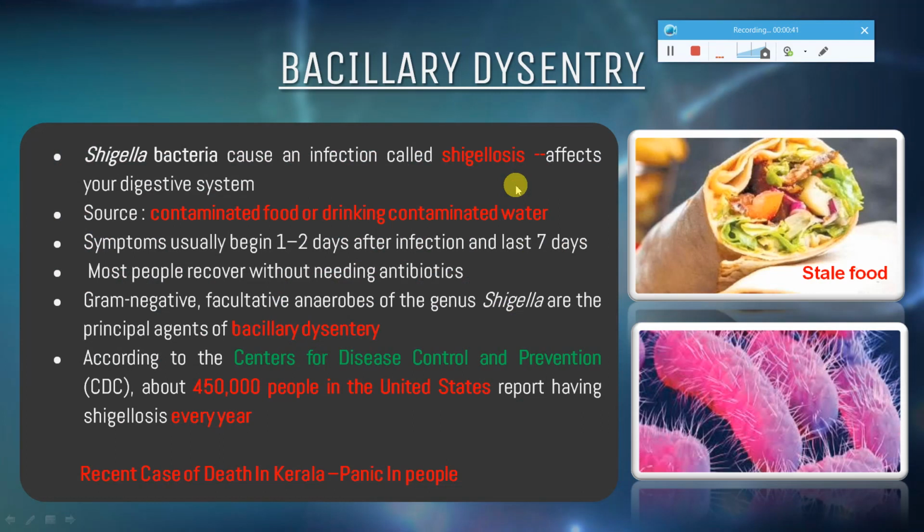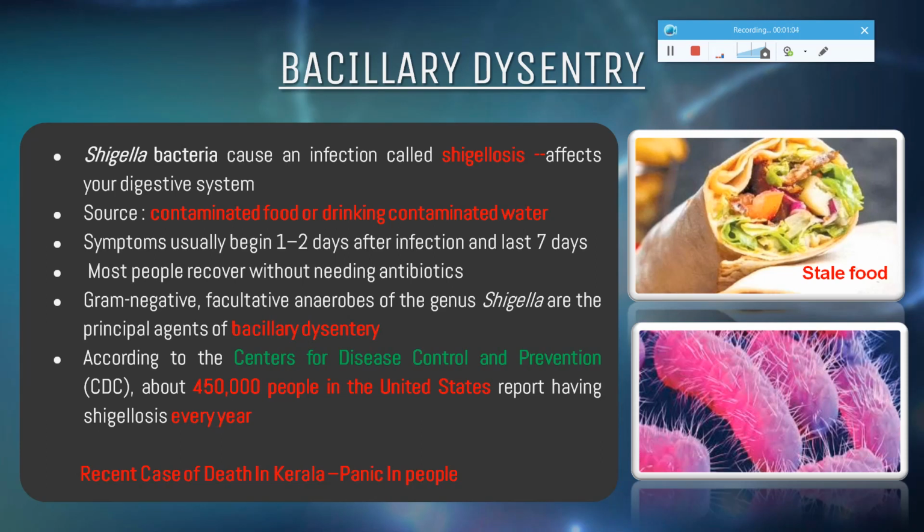So as you all know, there was the recent death case in Kerala because of consuming shawarma. You might have heard this news where the student died because she had consumed food which was contaminated by Shigella species. This is a bacteria which causes an infection called Shigellosis. This usually affects your digestive system.